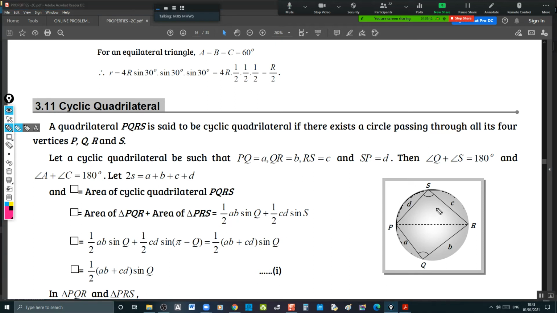And the sum of the opposite angles of the quadrilateral must be 180 degrees. Angle A plus angle C is 180. Angle B plus angle D is 180. That is angle P, angle Q, angle S, he wrote. So that's what it is.